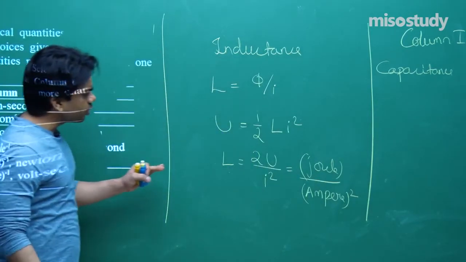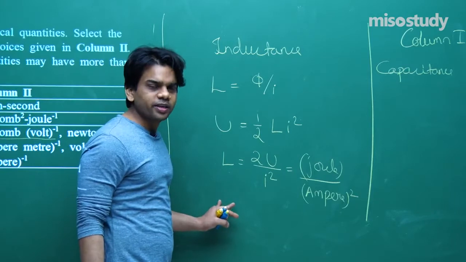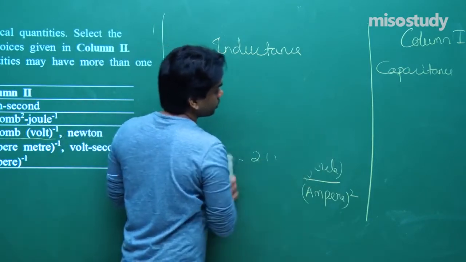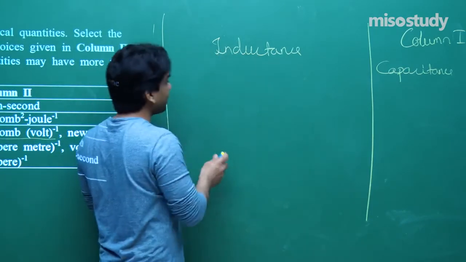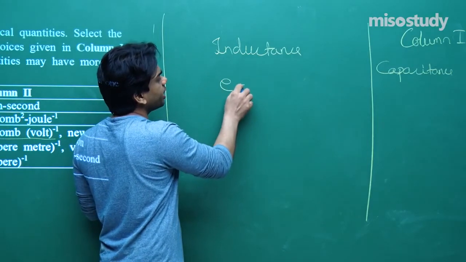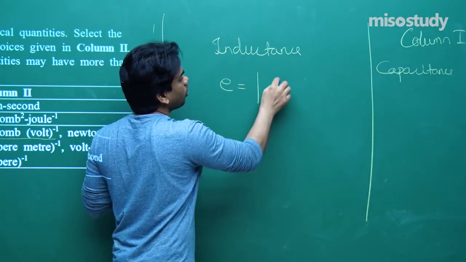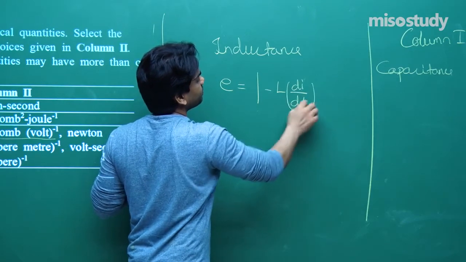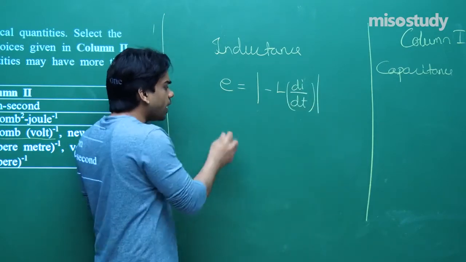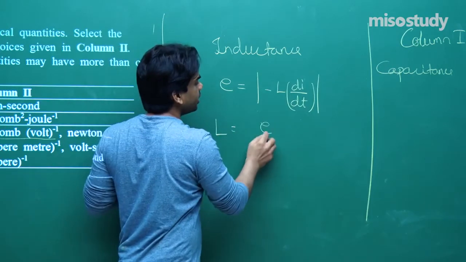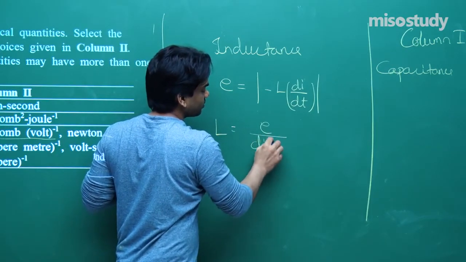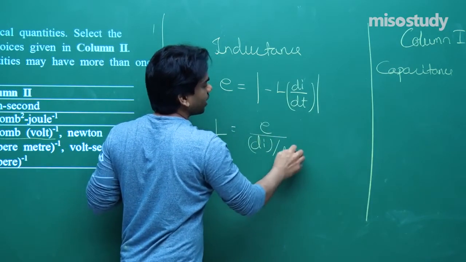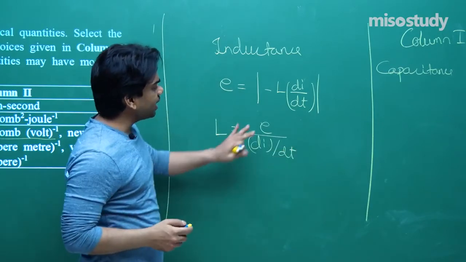Now see, both these equations will not be fitting as per the given options. So I'm going to use something new. We all know that EMF is equal to modulus of minus L di by dt. So L can be written as E divided by di by dt. Now clearly E stands for volt.